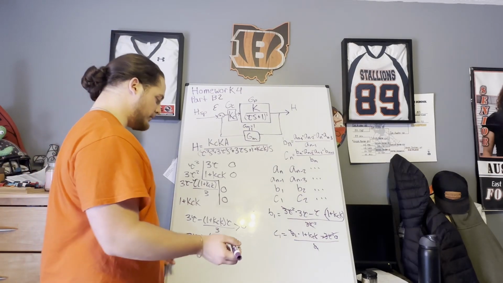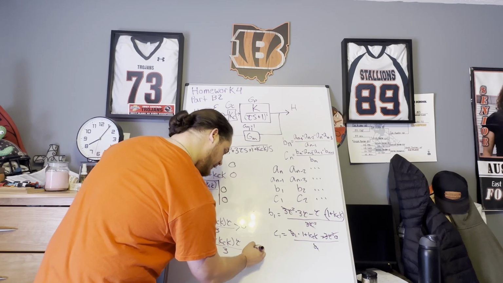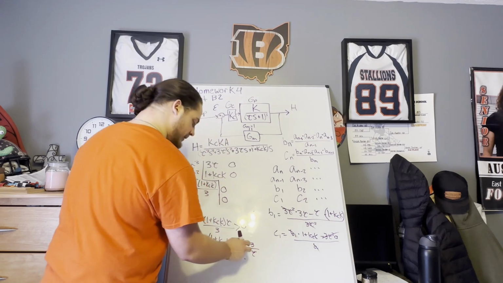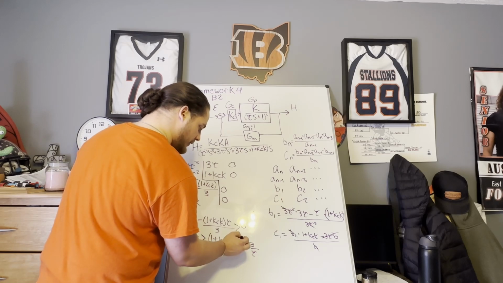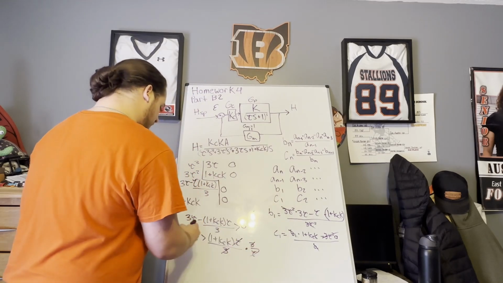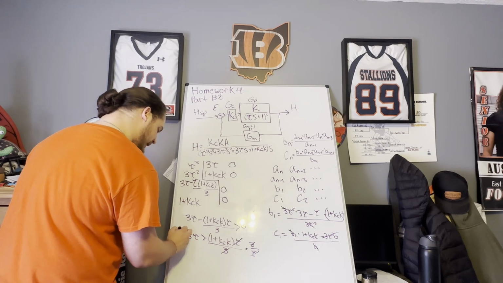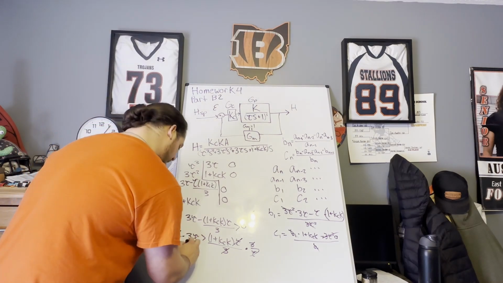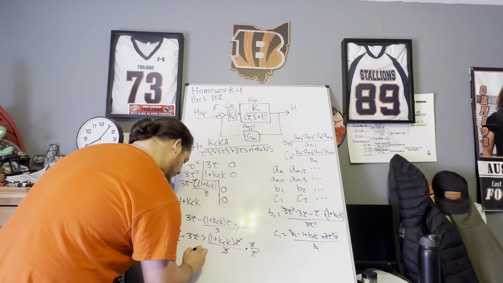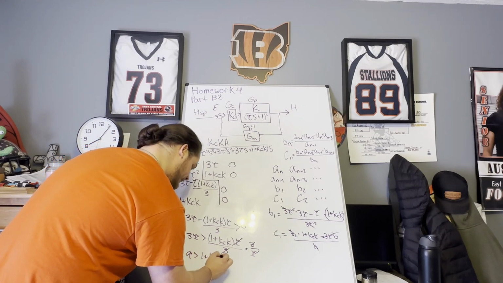So now to simplify this more, we can multiply by 3 over tau. In doing so, this cancels the 3 in the denominator and the tau in the numerator. Then we will move over here again, multiplying by 3 over tau. Our tau's cancel, and we are left with 9 is greater than 1 plus kck.